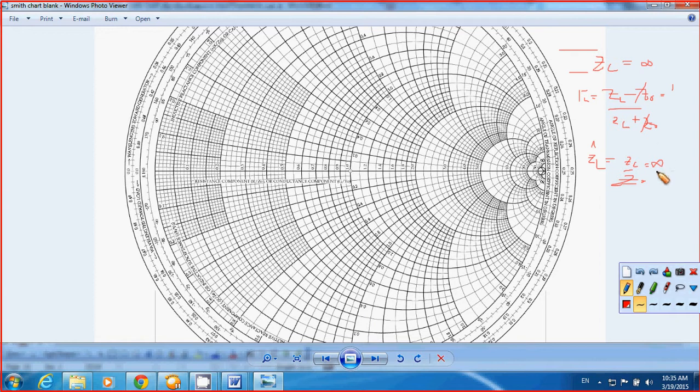Where is your infinity? Because your ZL, as I told you, you can bring it in terms of R, the real part, plus the imaginary part. Of course, the imaginary part becomes 0 and R becomes infinity. Where is your R infinity? I told you before, this is R equal to 0. It starts increasing from the left to the right. So 0.1, 0.2, and this is your R infinity.